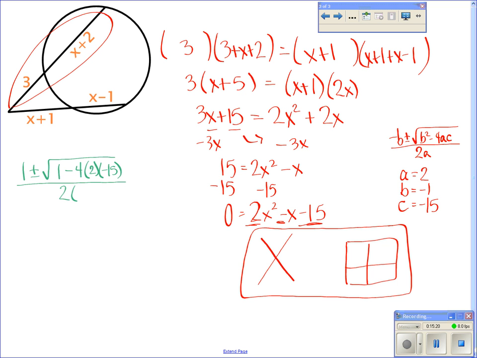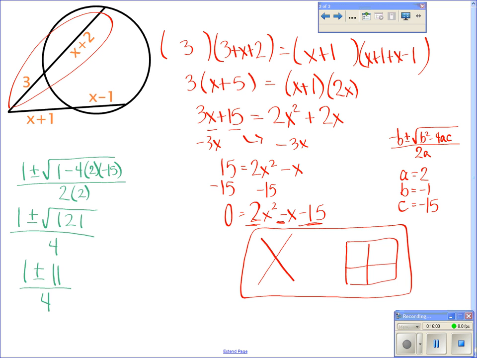Let's do this in our heads. What's 2 times negative 15? Negative 30. Negative 30 times negative 4 is positive 120. Then you add 1, 121, over 4. What's the square root of 121? 11.